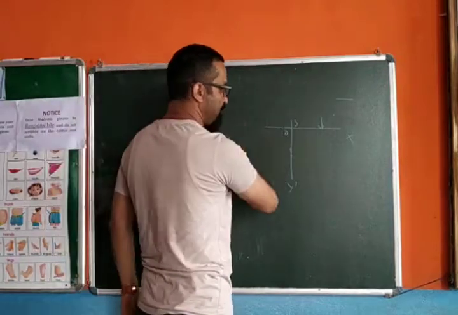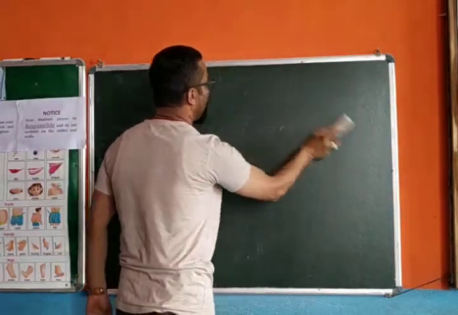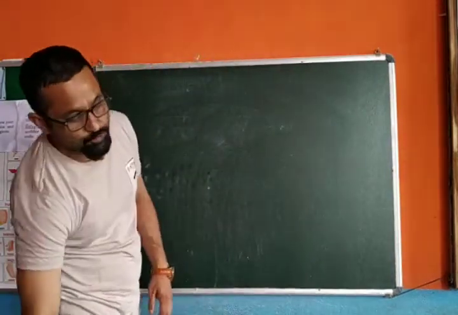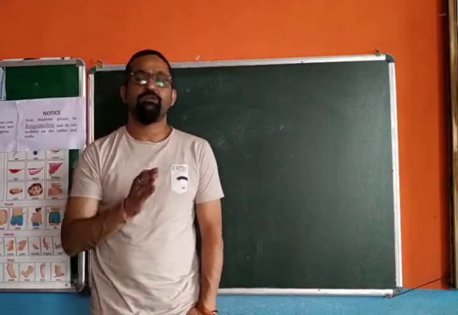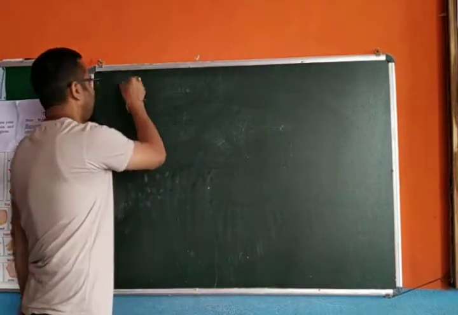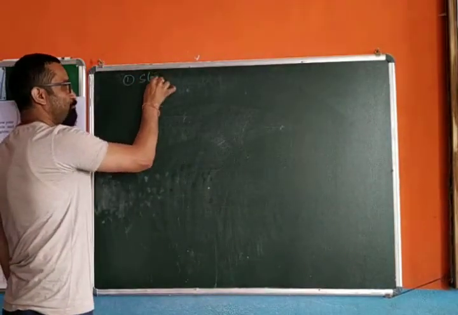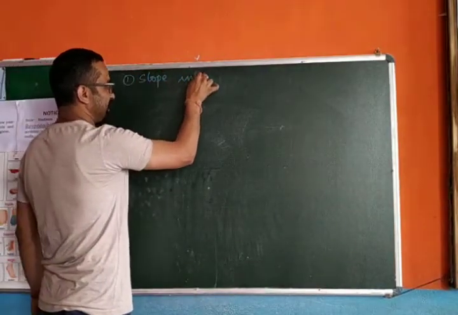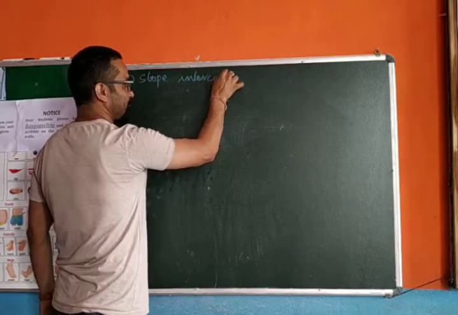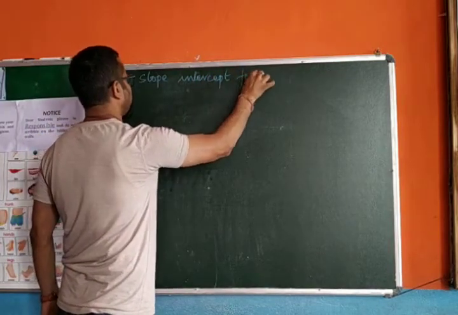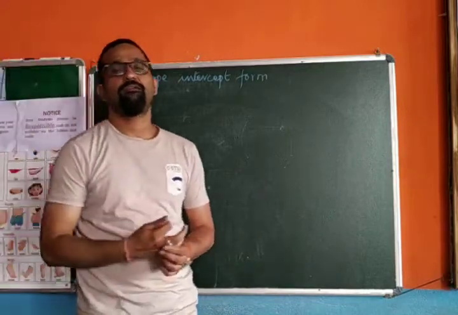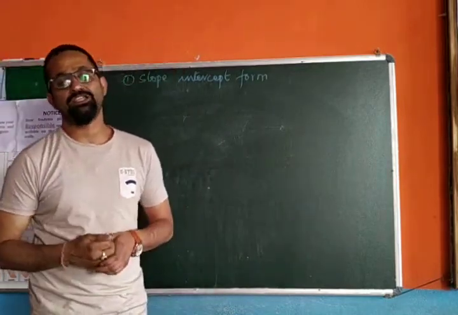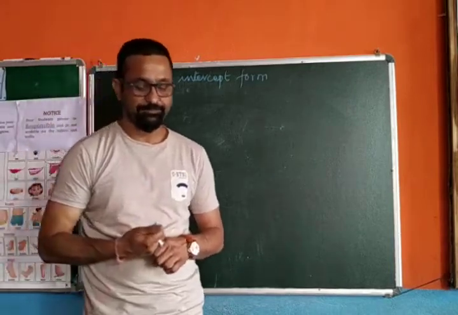Now you need to remember the formulae. The first one is called slope-intercept form. Let m be the slope of the line and c is y-intercept.